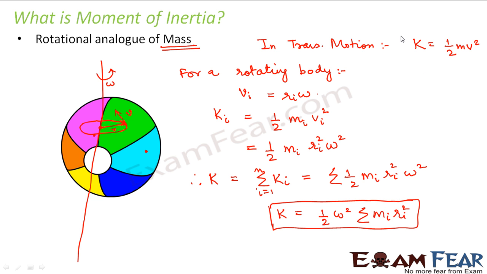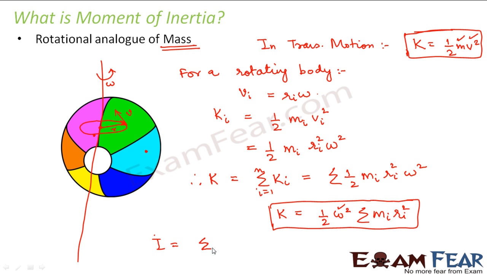Now if you compare this expression of kinetic energy with the expression in the case of translational motion, what do you see? Both have half. This has v square, this has omega square. So the rotational analog of linear velocity v is omega. That is fine. Now here you have m. Whatever is left out here has to be the rotational analog of mass. So this shows that the summation of mi Ri square is defined as moment of inertia.